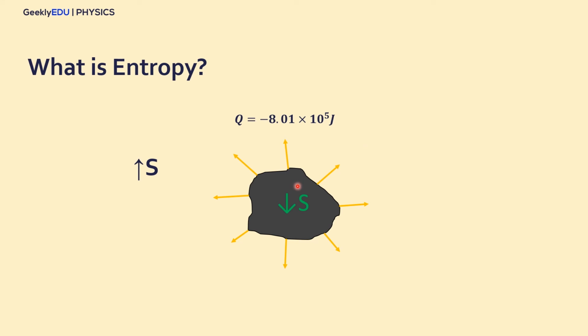Okay, so the reverse process does not happen naturally, right? So it's irreversible. It's a real process. So we have that the net entropy variation is actually positive. It's greater than zero. So it does not violate the second law of thermodynamics.